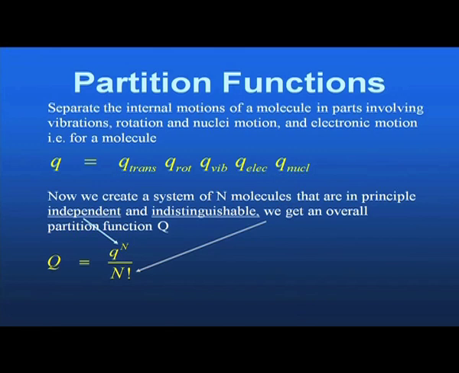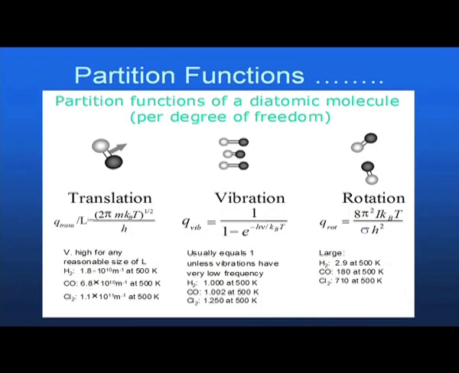This partition function is basically a number. It represents how the particles are partitioned between various levels at some temperature. Now, we have given some estimate of the partition function per degree of freedom for a diatomic molecule.